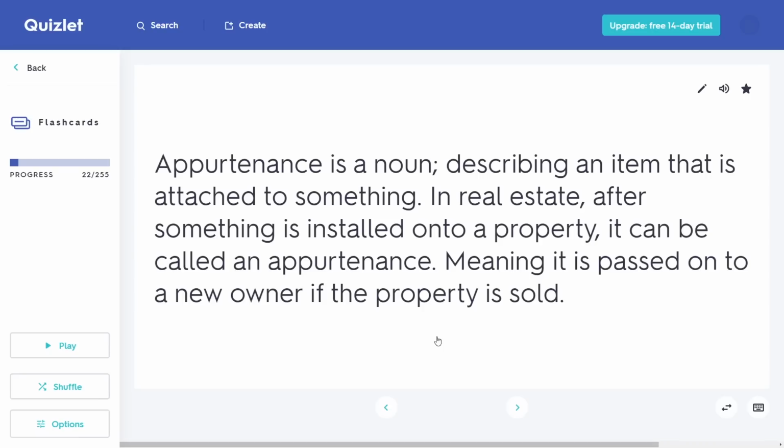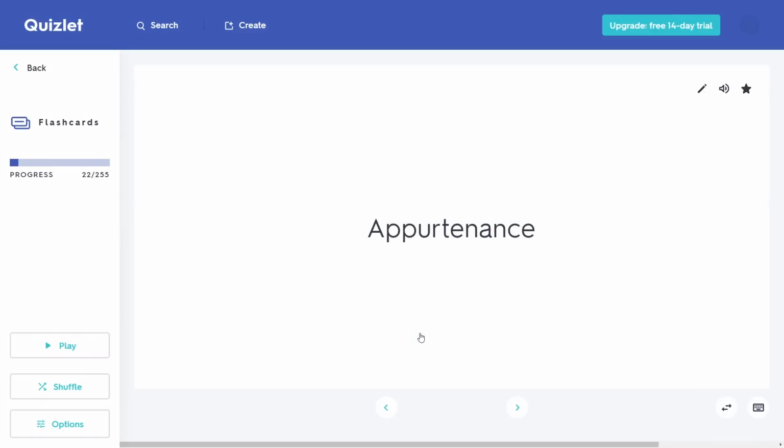It's in the property, and it's part of the real property, which we'll cover the difference of later, but you guys should be familiar with that. Then it would be an appurtenance. It comes with the property. It is installed onto the property. It's passed on to the new owner if the property is sold. All right.